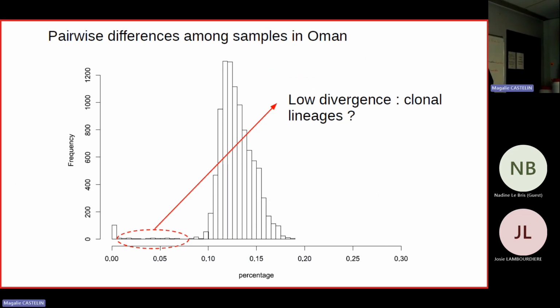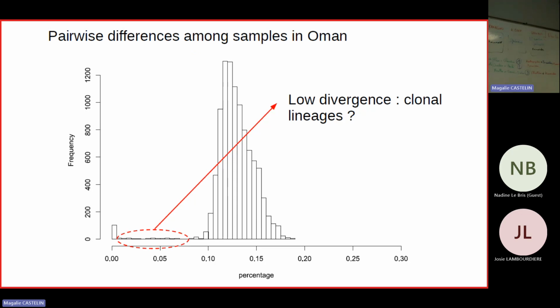We analyzed a bit more the differences among samples. Here is the distribution of the percentage of differences among samples. I analyzed, I don't remember exactly, let's say 10,000 genetic markers, and I try to count the percentage of differences among the samples.